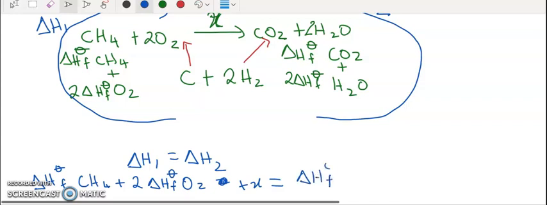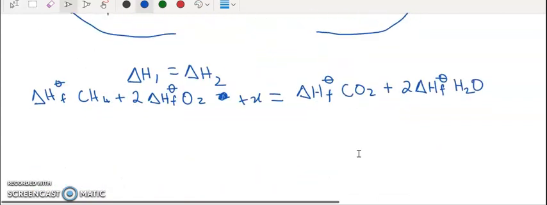You can see why it's useful to write the information on this side.